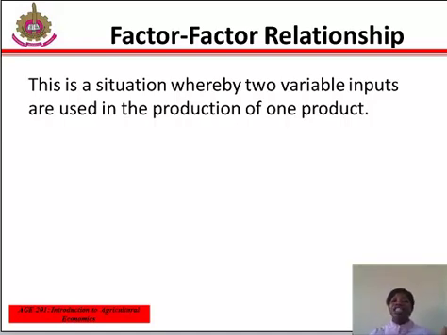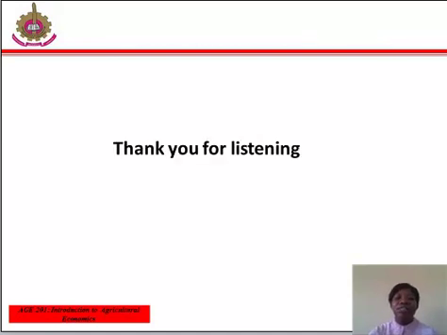This is the line joining points of least cost combination of inputs on the production surface. These are points where isocost lines are tangent to the isoquant. Please kindly read more on all these factor-factor relationships in your study materials.